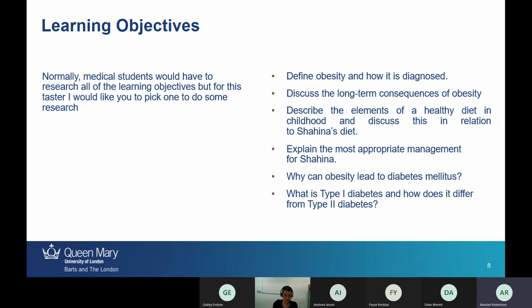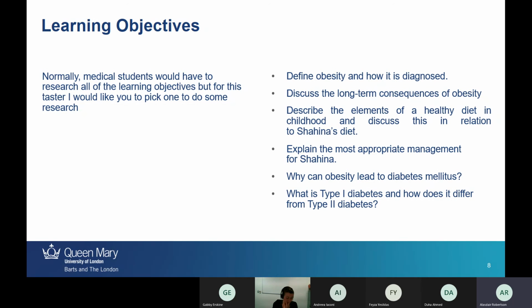And then after that, as you alluded to when you were talking about Shahina's diet, you would look at her diet in terms of the sorts of things that she eats. It's not very balanced at all. There's lots of sugar, lots of salt, lots of convenience food in there.